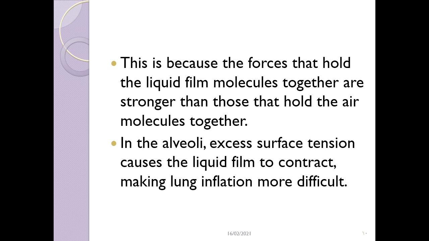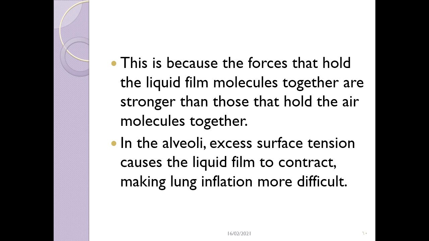Why does surface tension develop? Because the forces that hold the liquid film molecules together are stronger than those that hold the air molecules together.